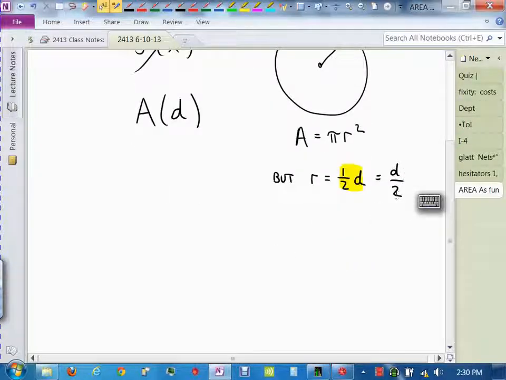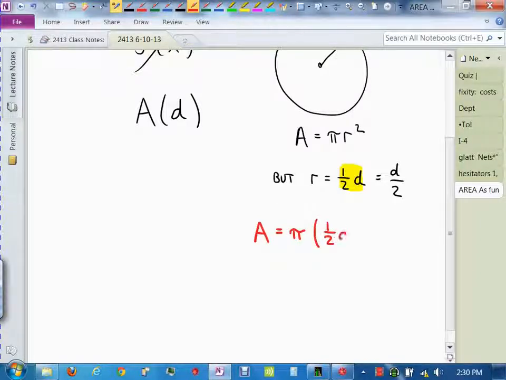If you have a constant underneath a variable like this, just write it as a fraction out in front. So I know that the radius is half the diameter, so I can rewrite that equation up there. Area equals pi times the radius, but radius is half the diameter, squared. So the area is pi times what?